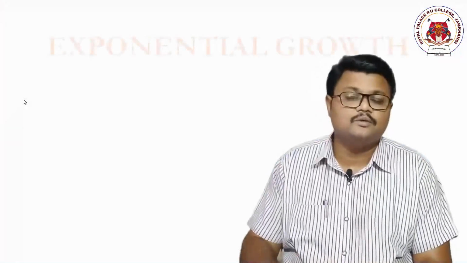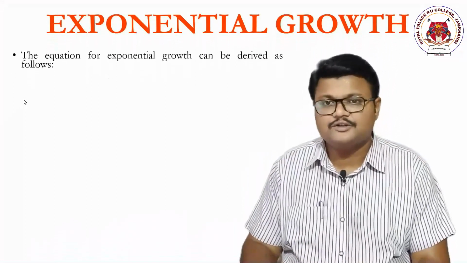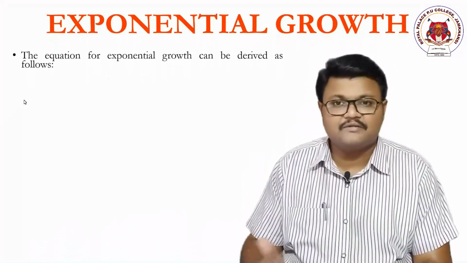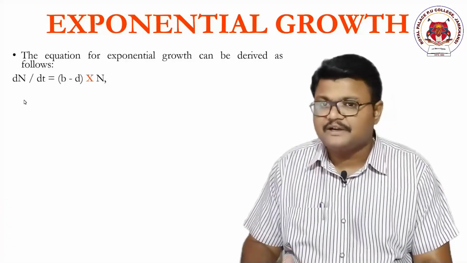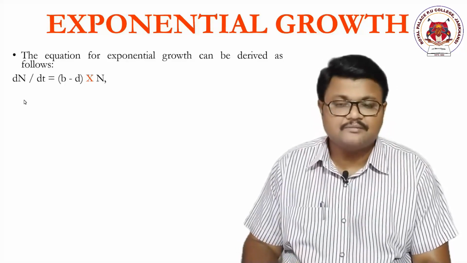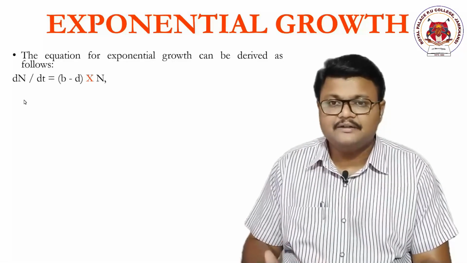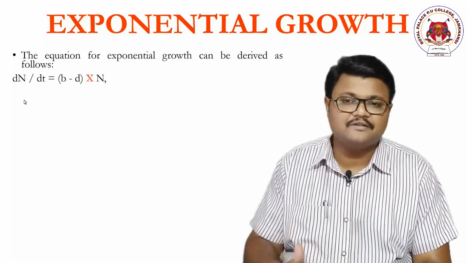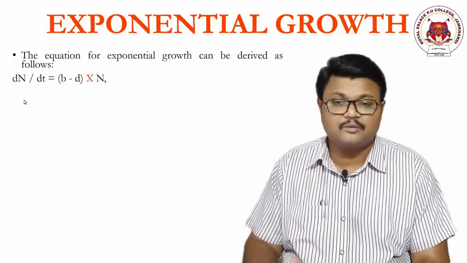Now, if you want to express the same exponential growth model in terms of an equation, we can write it as dN by dt is equal to (b minus d) into N, wherein dN by dt is nothing but the rate of change, or the difference with respect to time, and N is the population size or population density.